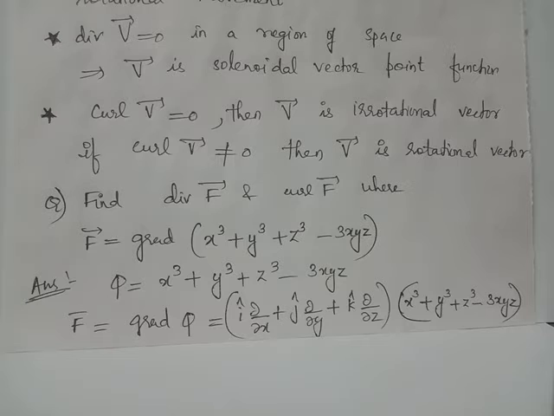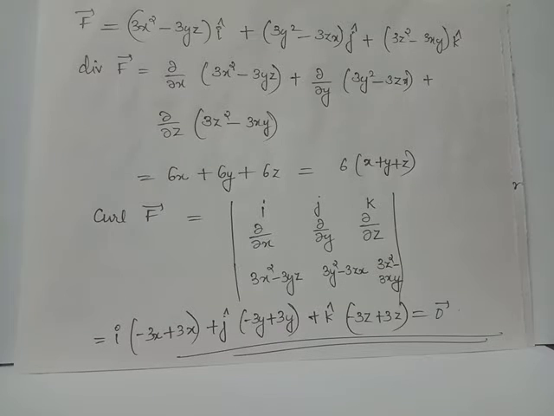We have dou phi by dou x equals 3x square minus 3yz, dou phi by dou y equals 3y square minus 3zx, and dou phi by dou z equals 3z square minus 3xy. Therefore, the vector function f bar equals (3x square minus 3yz) i plus (3y square minus 3zx) j plus (3z square minus 3xy) k.